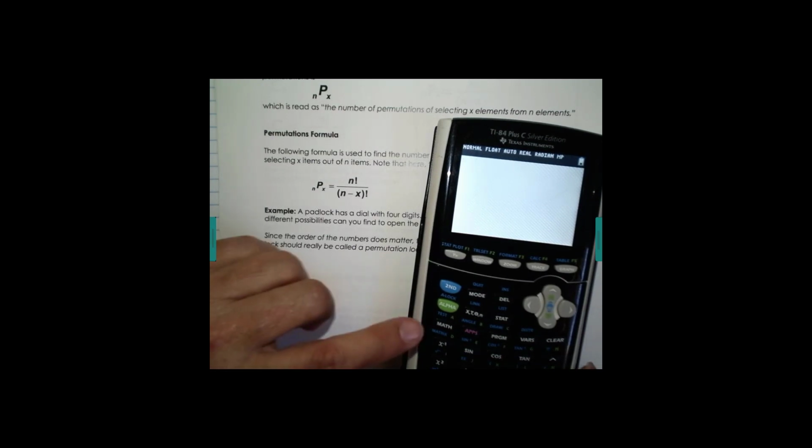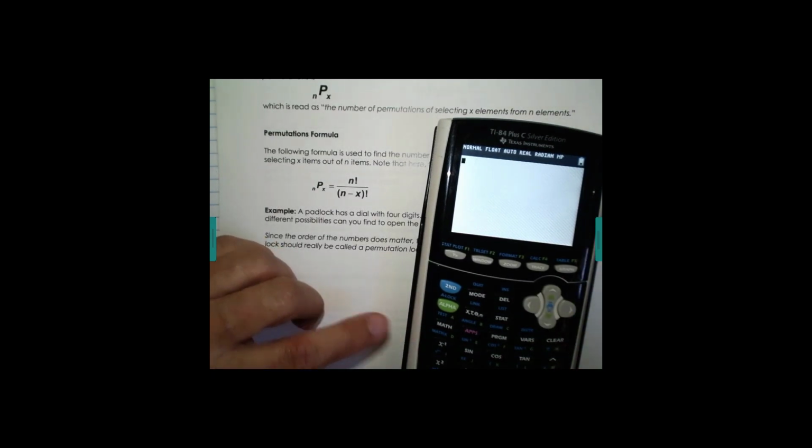And once again, your graphing calculators can do permutations for you. Remember where we were? We were in math, and we looked over at the probability menu, and I found number 2 was permutations. Mine allows me to enter the numbers. What were the numbers I was working with?